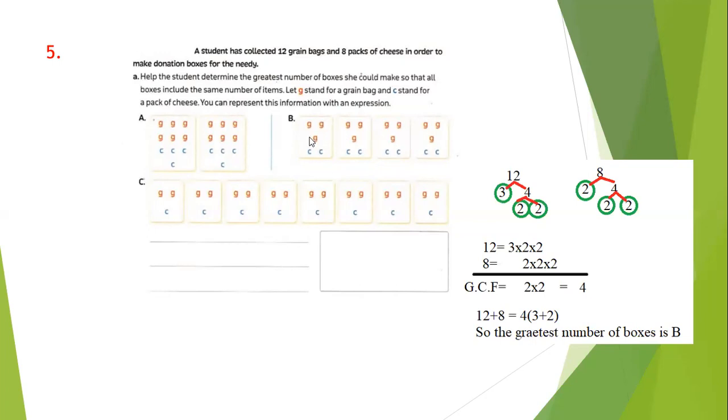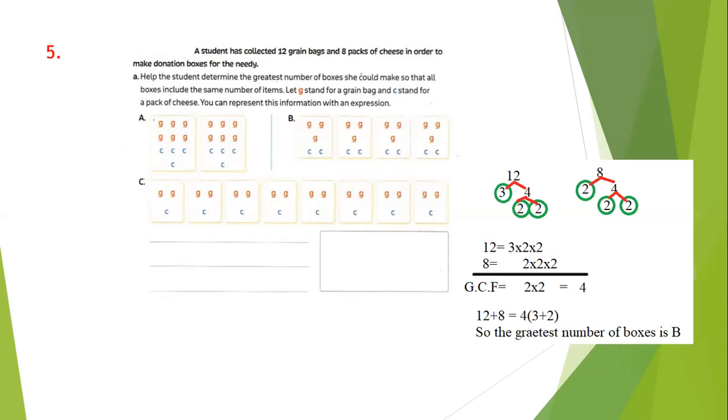In each bag, I have 3 G and 2 C. In C, 1, 2, 3, 4, 5, 6, 7, 8 bags. In each bag, I have 2 G and 1 C. Okay, how can I solve this question?